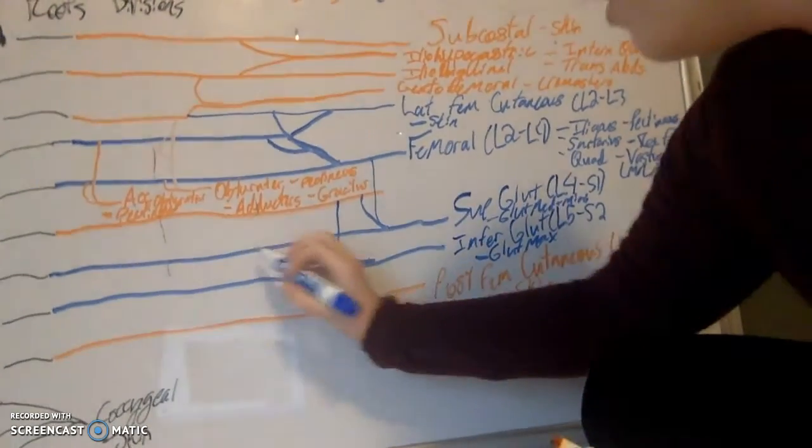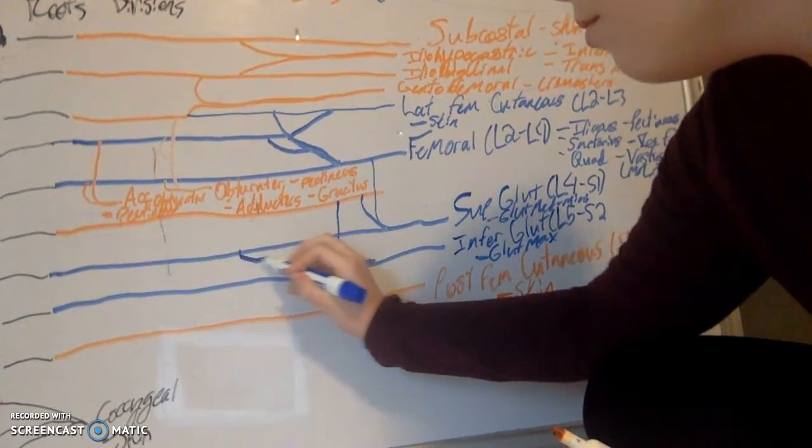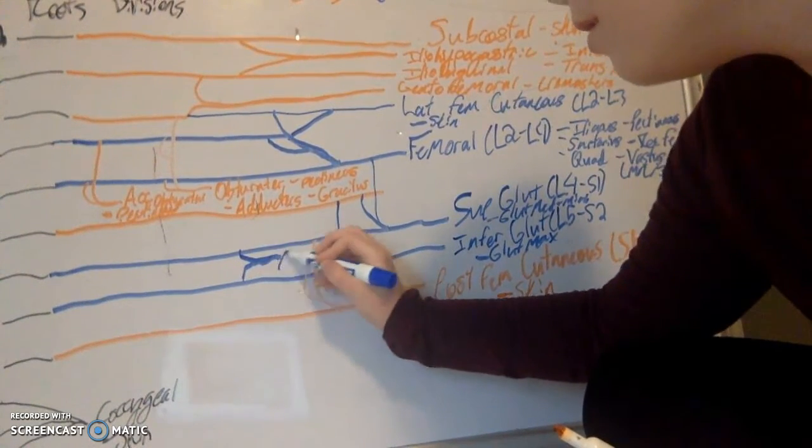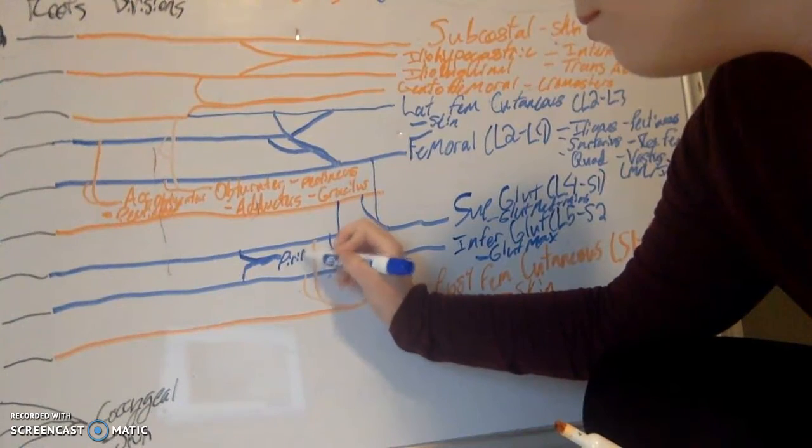And then between S1 and S2, there will be a nerve going to the piriformis.